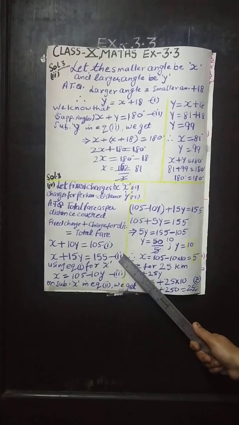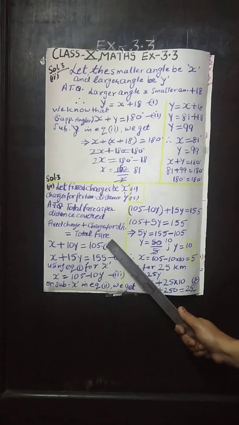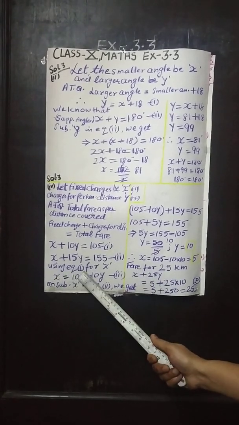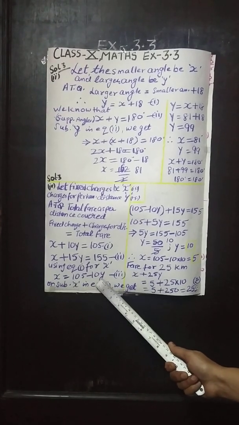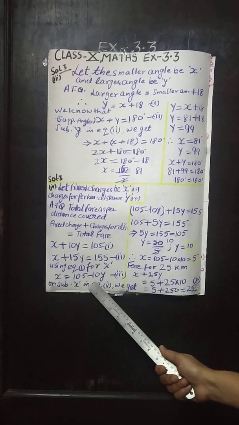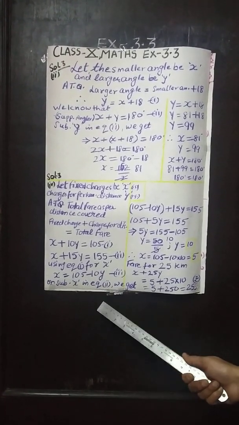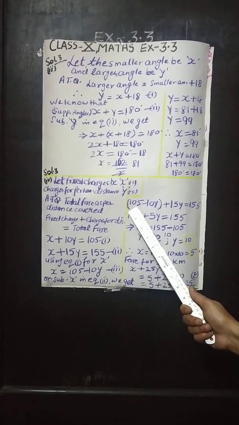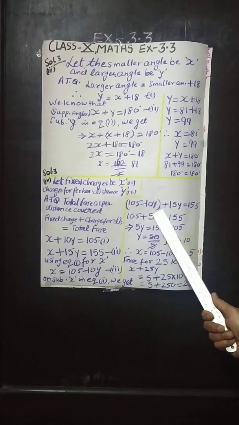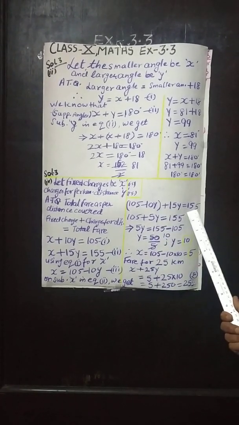So these are the two equations. Now again we will apply the substitution method. Using equation 1 for x, we can write x is equal to 105 minus 10y. So this value of x is substituted in equation number 2. So this is the substitution: 105 minus 10y plus 15y is equal to 155.